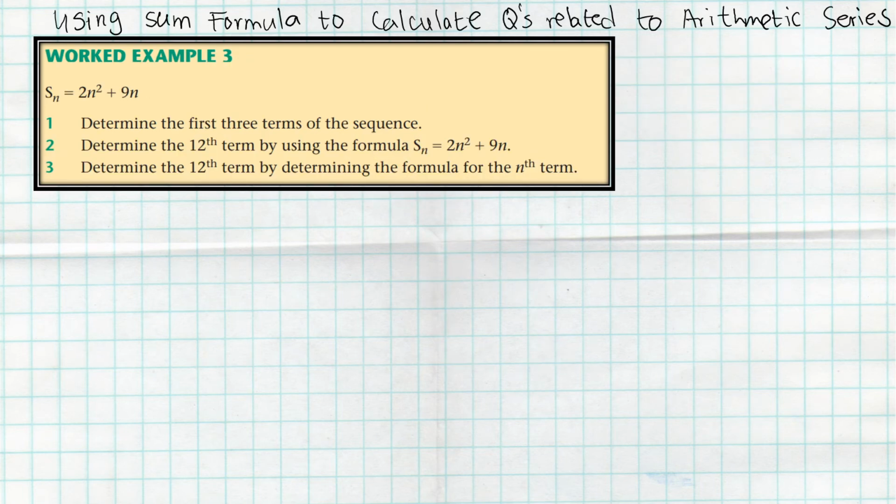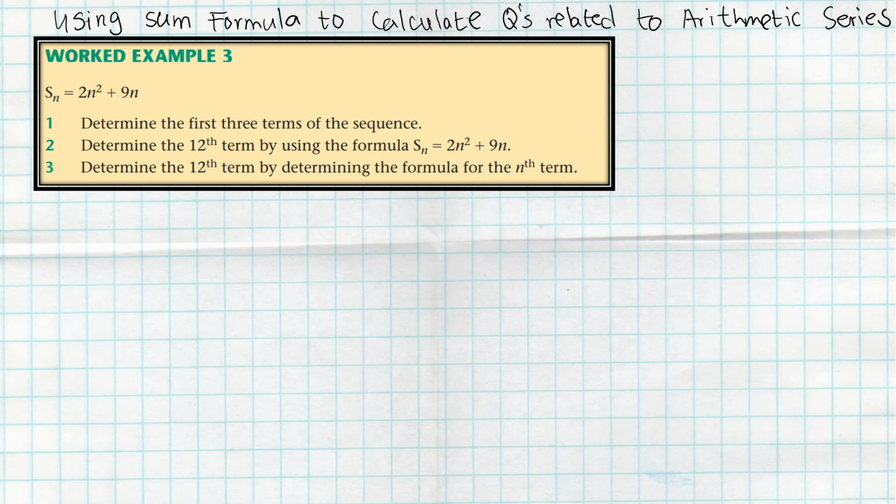Okay, great. So just to flip this lesson a bit, we're also going to focus on how we can use this sum formula to answer questions that are related to arithmetic series. What actually happens here is that they will give you a sum formula in terms of n, or in terms of any letter they might choose, and they will require you to calculate, as you can see from this example 3, the first 3 terms of the sequence, right?